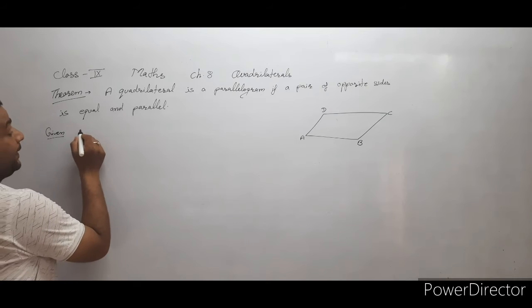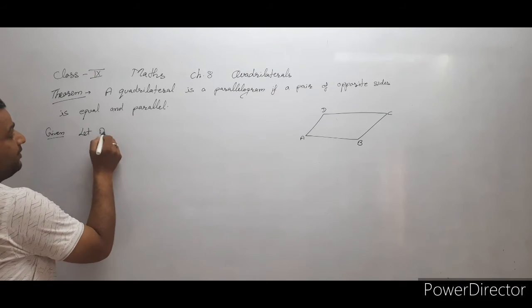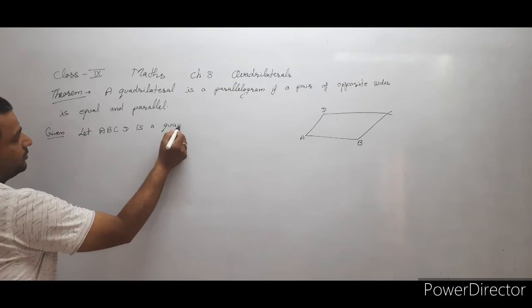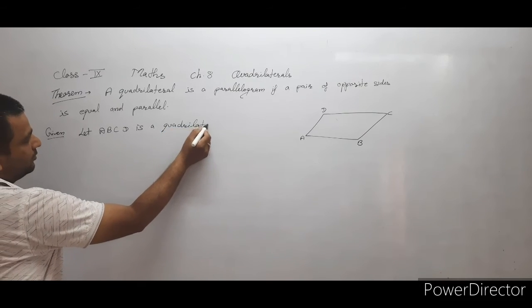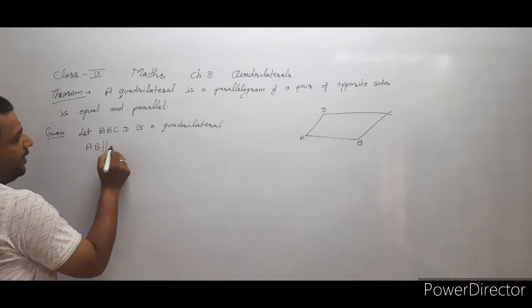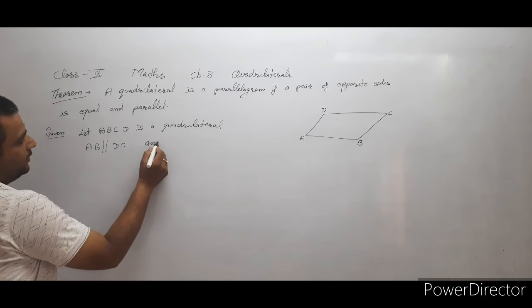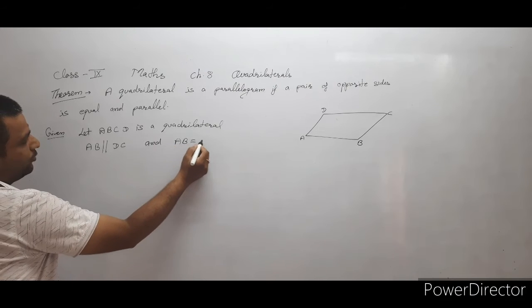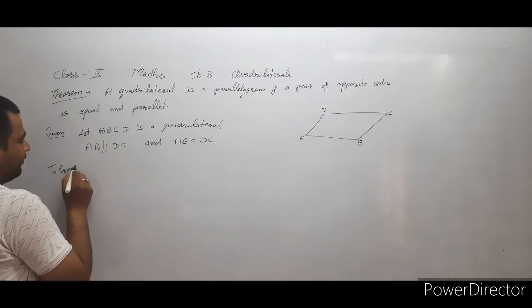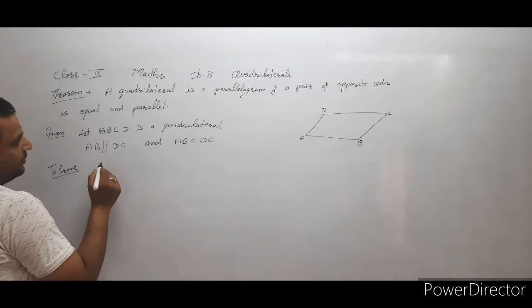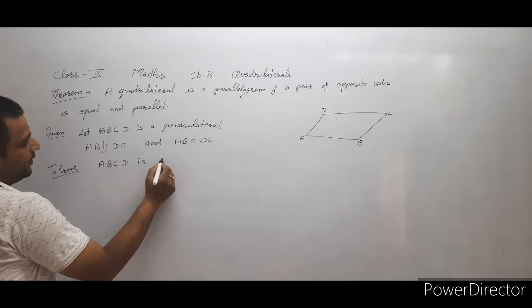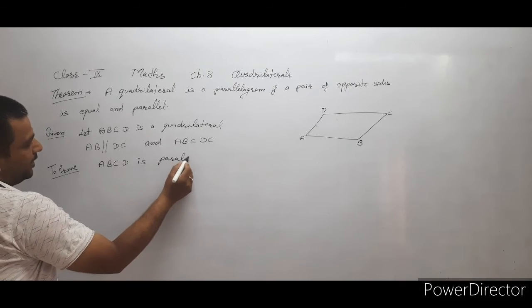That means AB is parallel to DC and AB is equal to DC. To prove, we have to prove that ABCD is a parallelogram.